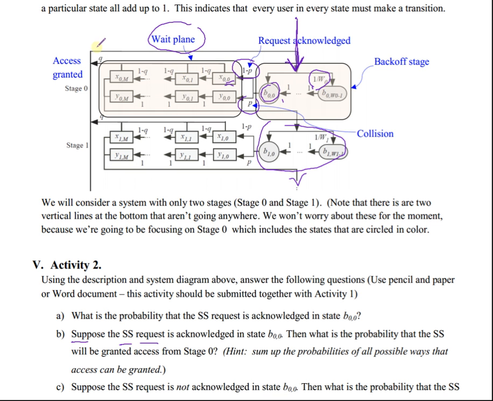It's also possible that I go to the third state, and from the third state have access granted. What's the probability there? Well, I would like you to figure that out.